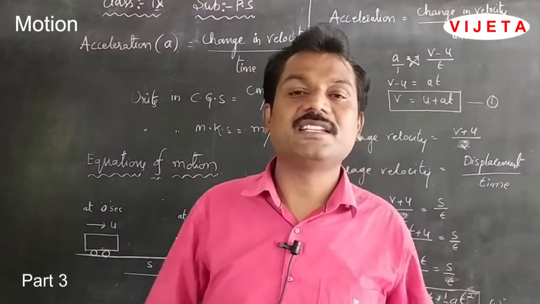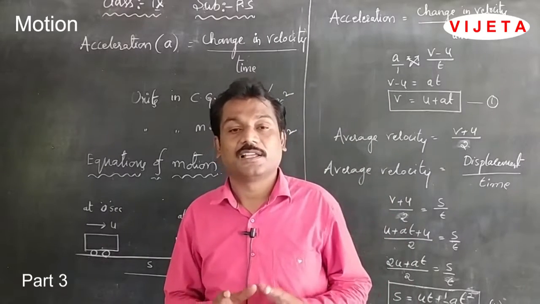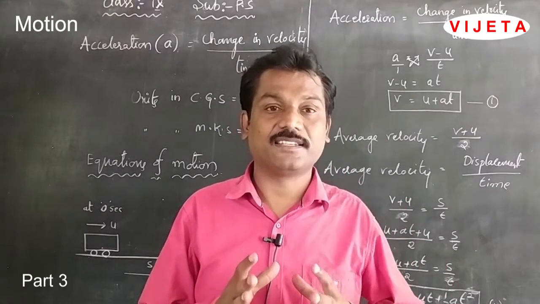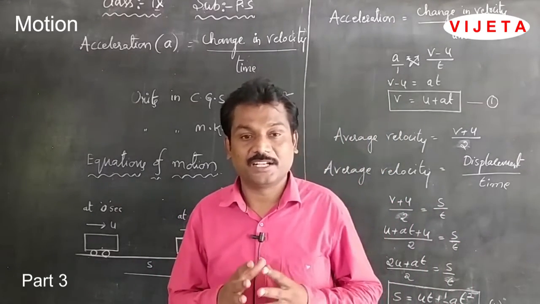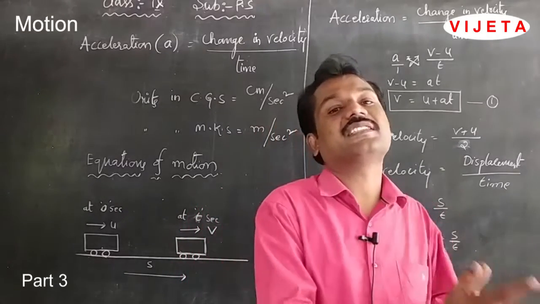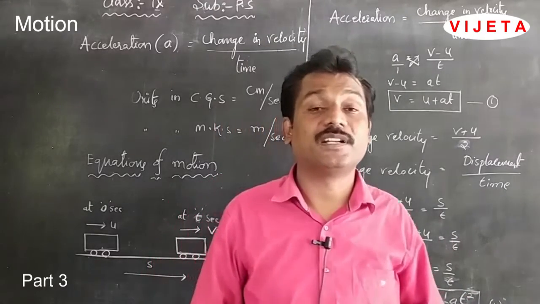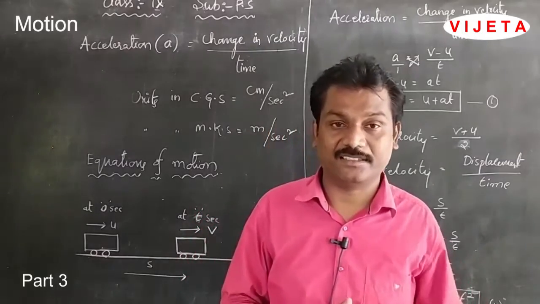To derive these equations of motion, we need to assume that the body is traveling with constant acceleration, that means uniform acceleration. That means the change in velocity is always equal in equal intervals of time. Then the body is said to be traveling with uniform acceleration or constant acceleration.